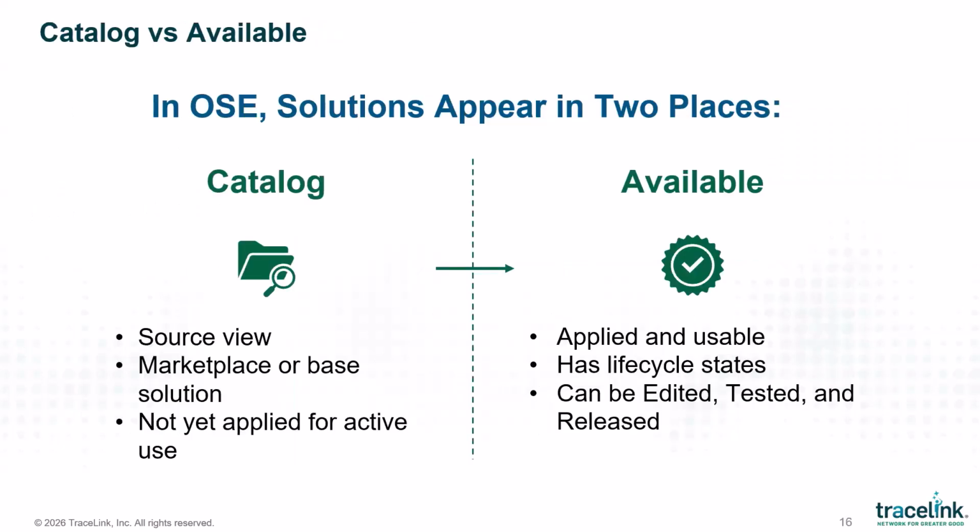So taking a look at catalog versus available. Before making any reuse decision, Priya must first ask, where am I working? Catalog is the source layer. This is where base packages reside, base solutions are visible, the original structure exists. Available is the operational layer. This is where solutions are released and ready to move forward.